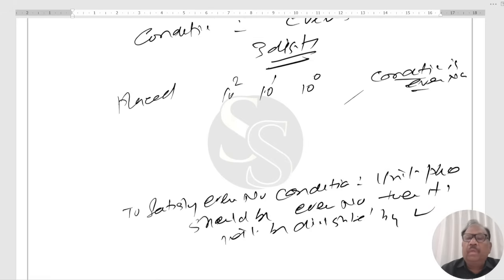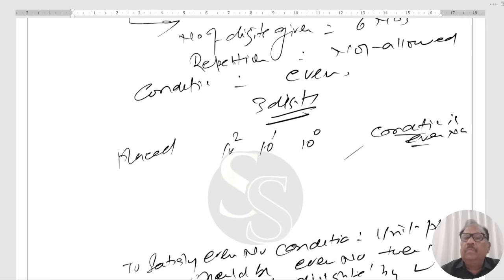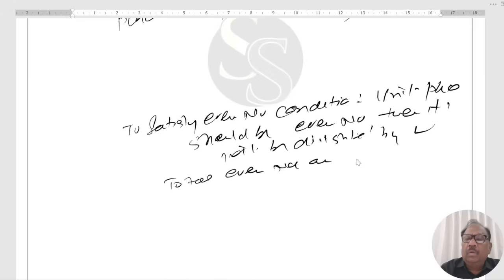How many even numbers are there? Total even numbers are 2, 4, 6. Three numbers.